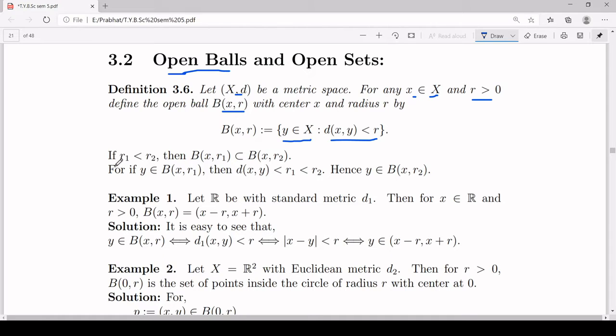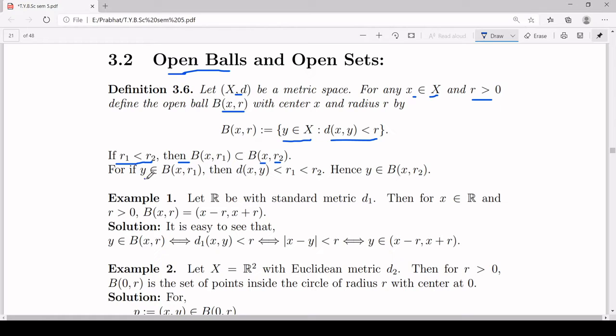I have given a small remark here. If r1 is less than r2, then B(x, r1), that means the open ball centered at x of radius r1, is a subset of the open ball centered at x of radius r2. The proof is very simple, a one line proof.